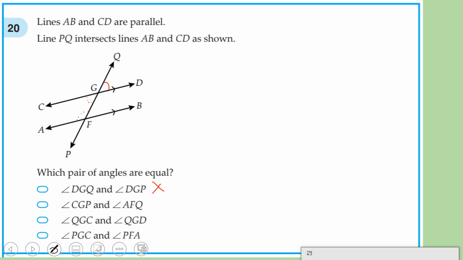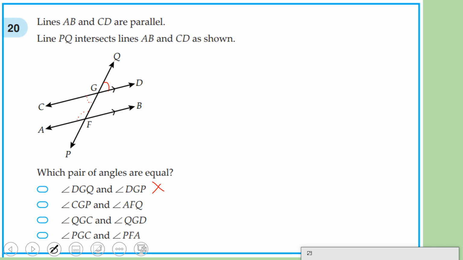Q, so CGP, C. So I guess what I'm finding a little bit confusing is exactly what it's asking for. It's just labelled in a quite strange way compared to what I've seen.